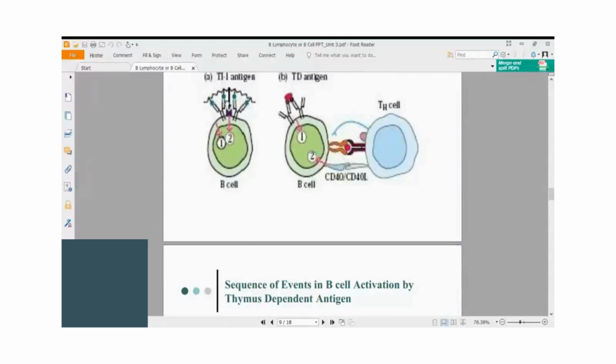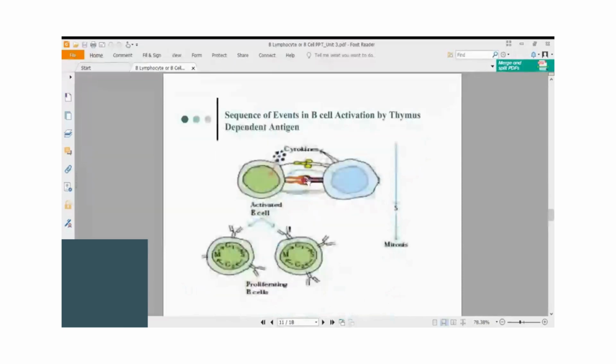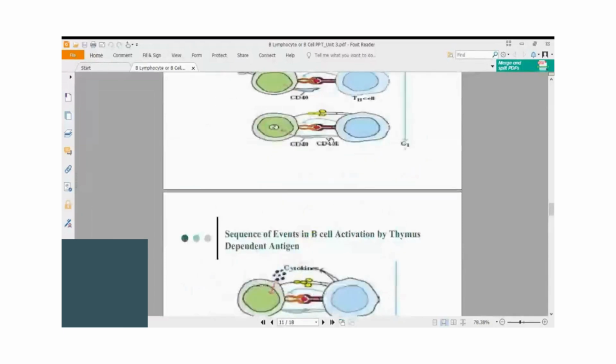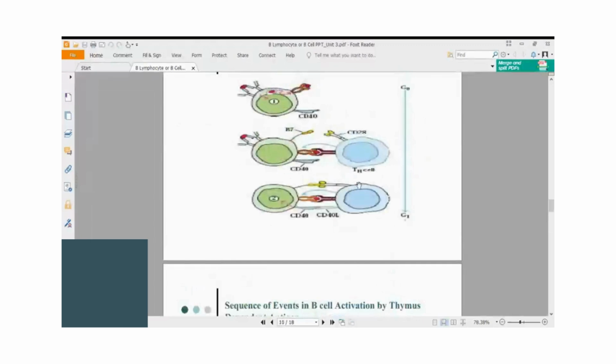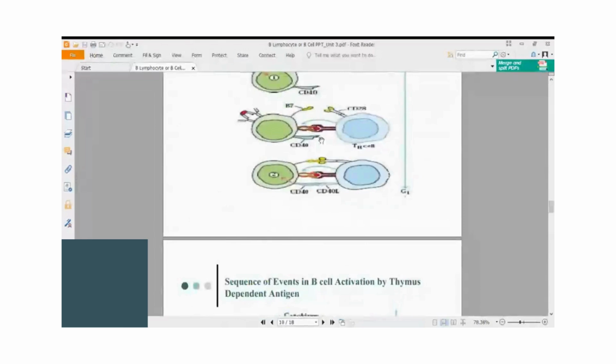And TI antigen, that is type 1, you have to draw this diagram. And TD antigen, either you draw this diagram or this final diagram, which is shown on top here in this slide. This diagram will be more than sufficient. And label these receptors as labeled here. They are not labeled here, but you have to label them like this.